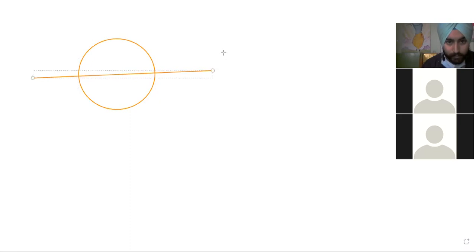So we have a sphere like this, and the principal axis is here at this point. The question is that the object is placed outside, at a certain point.